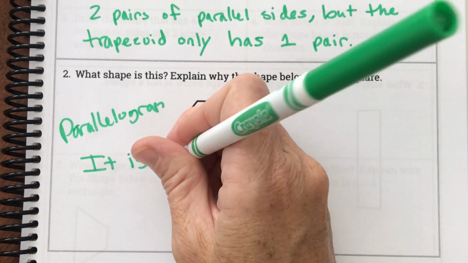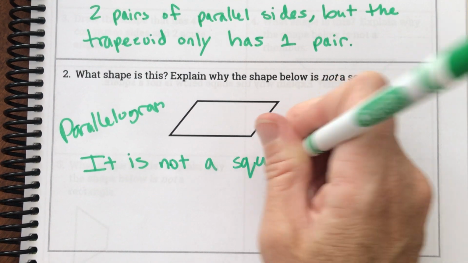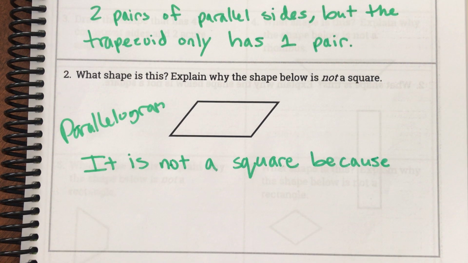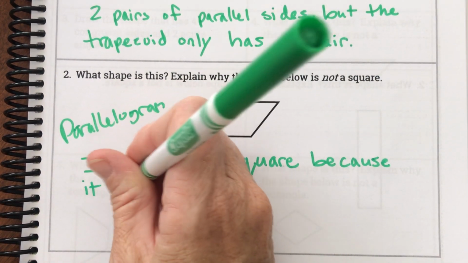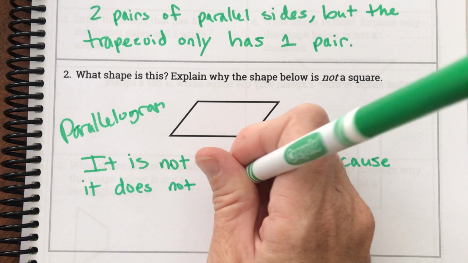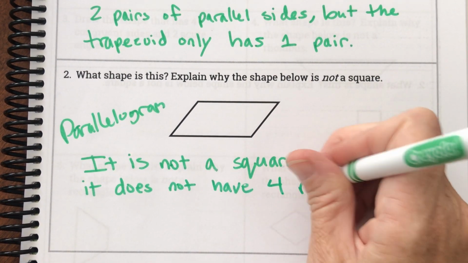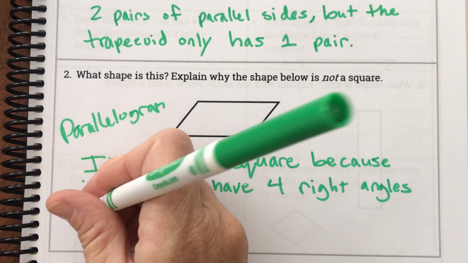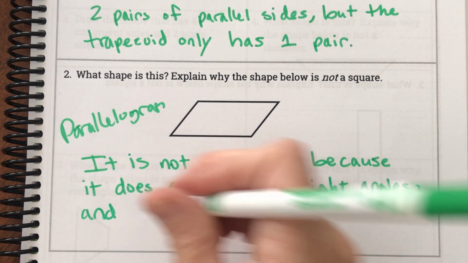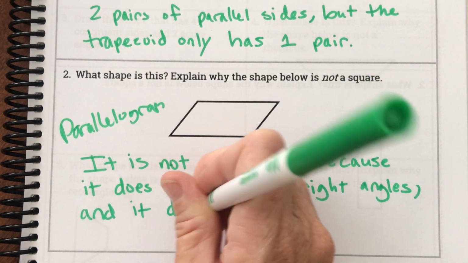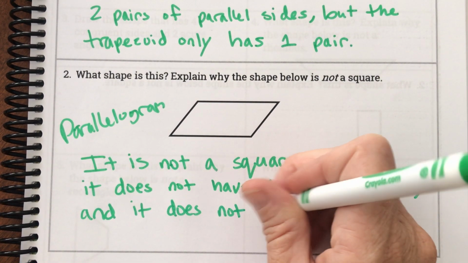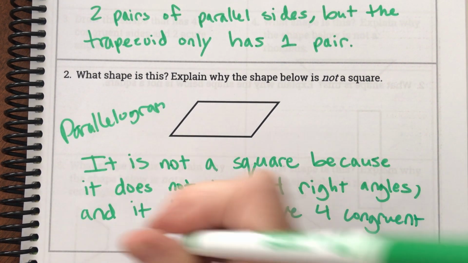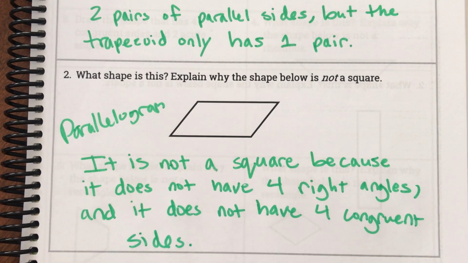It is not a square because it does not have 4 right angles. That's what a square has to have. And it does not have 4 congruent sides. That is why it's not a square.